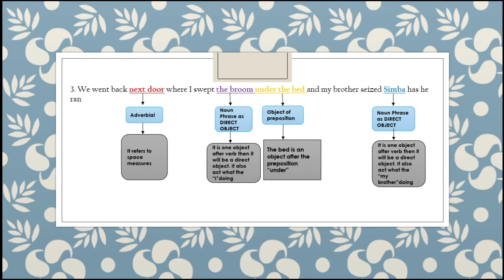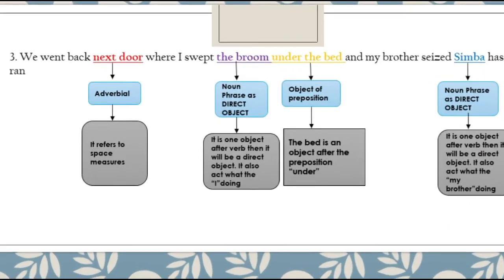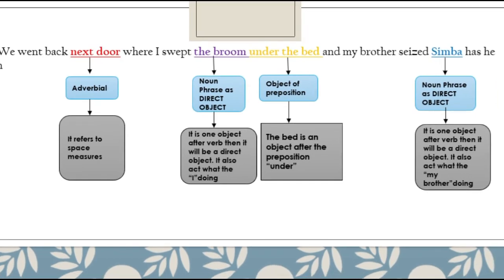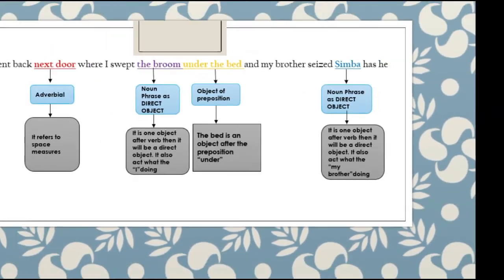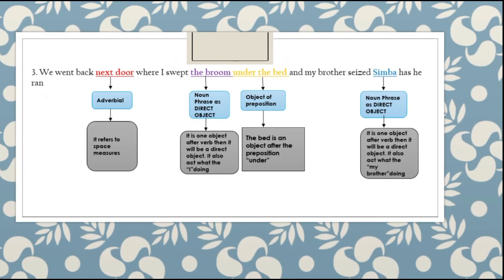We went back. The broom is a direct object because it is one object after the verb, and it also acts on what the we is doing. I'm sorry, it is not I, but it is we, because the subject in this sentence is we. Sorry for my mistake. And next, under the bed is object of preposition because the bed is an object after the preposition under.